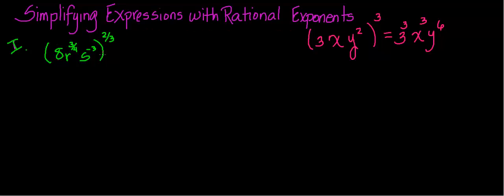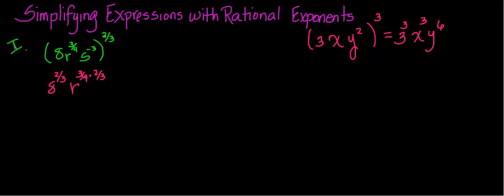And that's what we're going to use here. We have the whole expression raised to the 2/3 power, and we distribute this to each one of the factors inside this parentheses, including the 8. So if we distribute 2/3, this is what we have. We have 8 to the 2/3 power. We have r to the 3/4 power times 2/3 power, right?